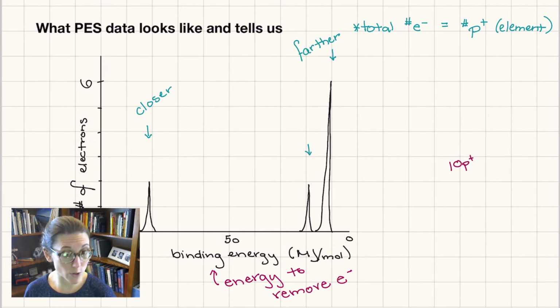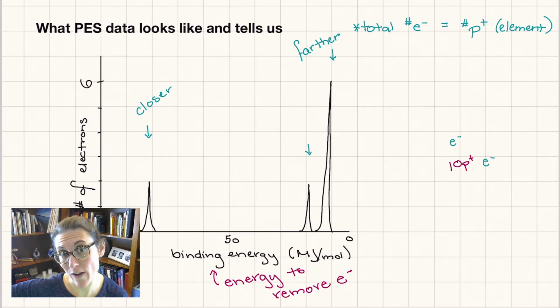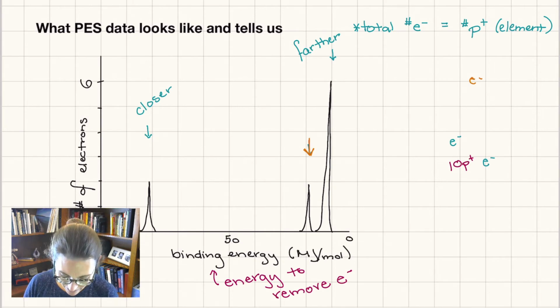And then close to the nucleus, I have 2 electrons. And farther away from the nucleus, I have 2 more electrons. I'm going to change color and make these guys orange. I'm trying to have these be roughly equidistant from that nucleus. And then, farthest yet from the nucleus, I have 6 more electrons.